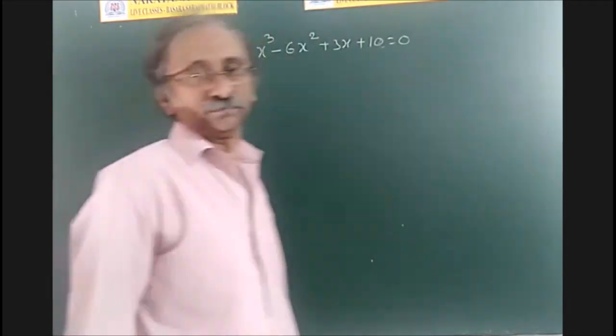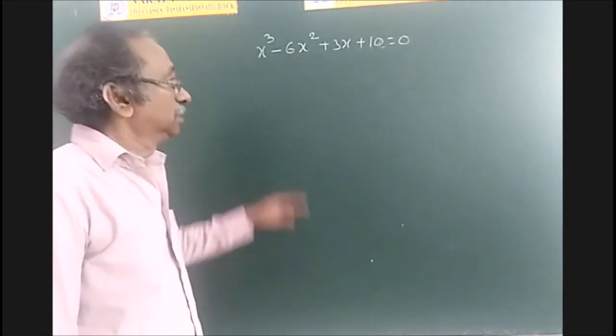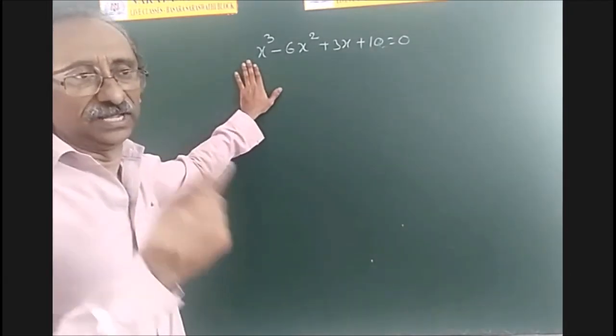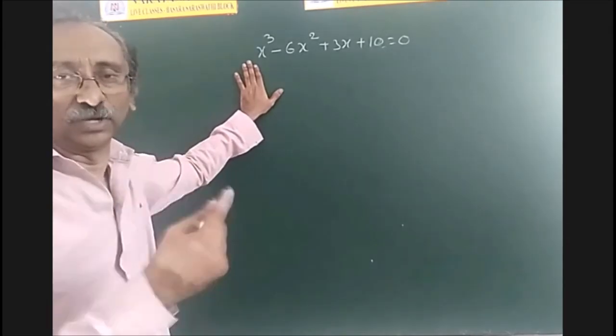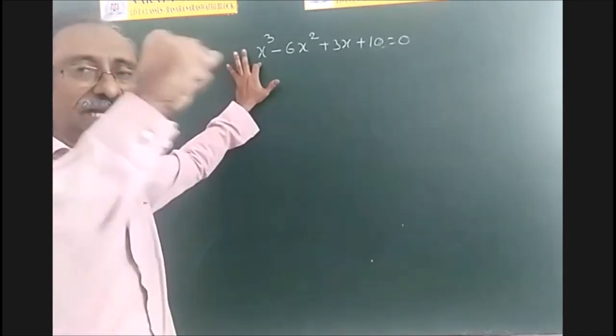You know that a cubic equation has 3 roots, but there is no standard formula to find the roots of a cubic equation, like the quadratic formula for the quadratic equation. So one root you should find by the trial and error method.